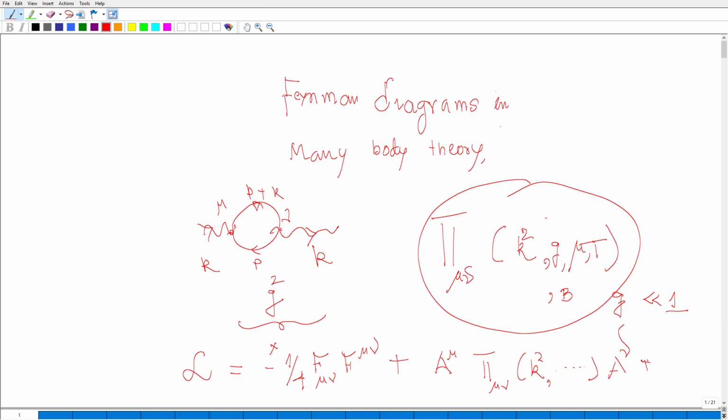The higher order terms, order G cube onwards, are essentially dropped.